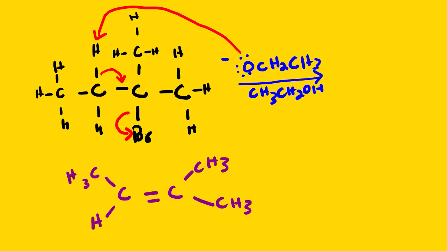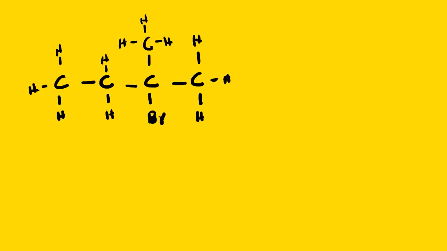But in this case, the base is not big, so it can maneuver and go to the hydrogen of its choice, so that it can produce a stable or a major product. Now let us look at when we have a bulky base. Let us use the very same structure, but this time we are going to use a bulky base.